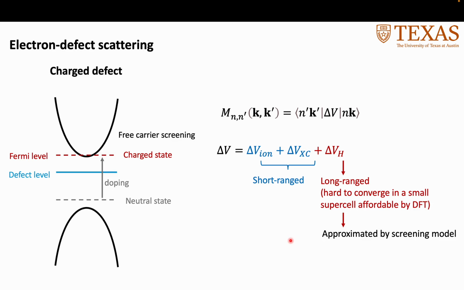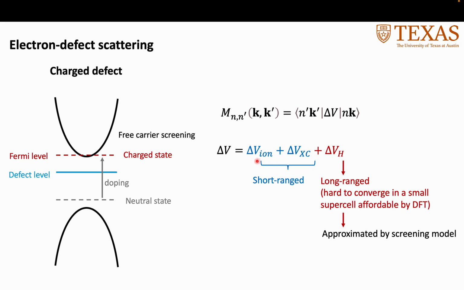For our work, we focus on the charged defect. The charged defect is different from the neutral one because the defect level is occupied by the free electron, so actually this whole system is charged, not neutral. In this case, let's see the components of the perturbation potential.